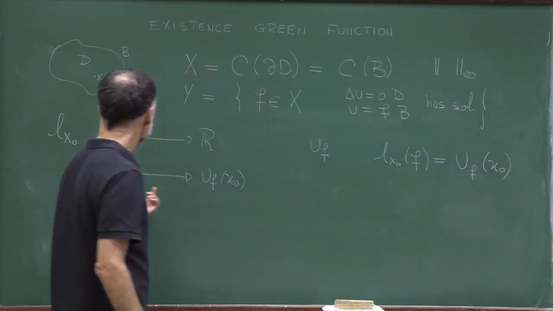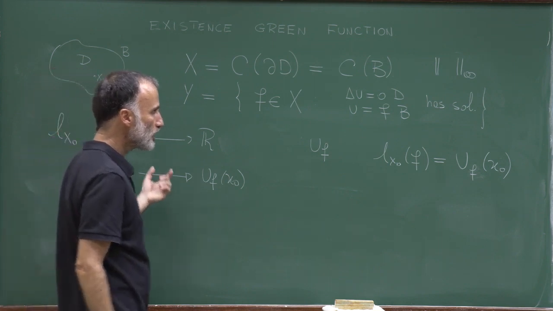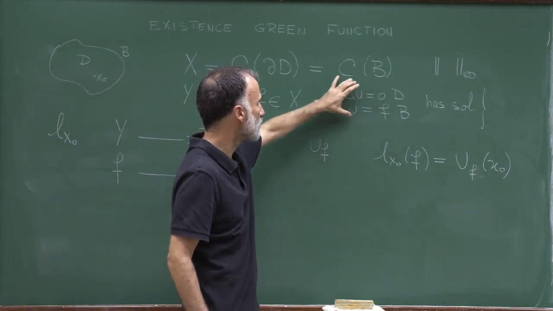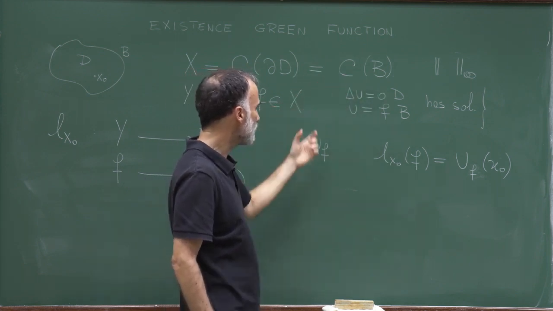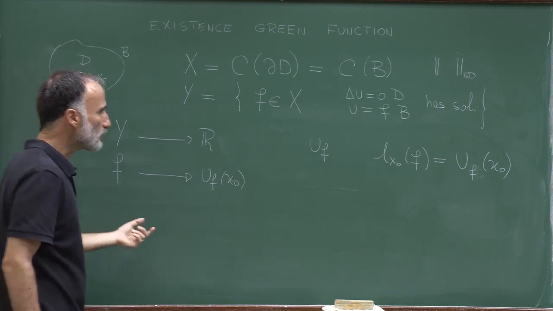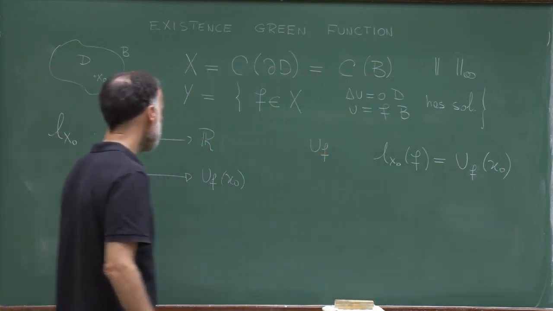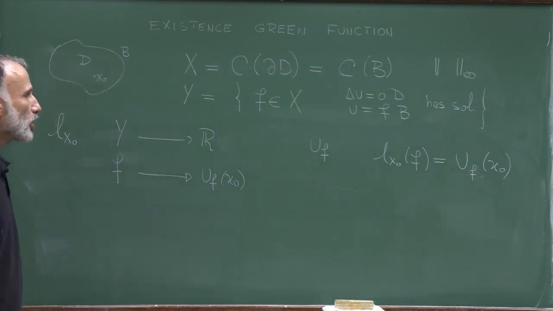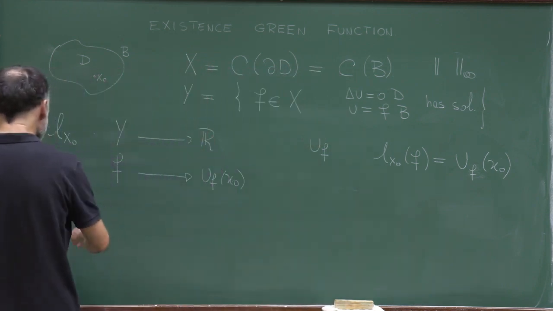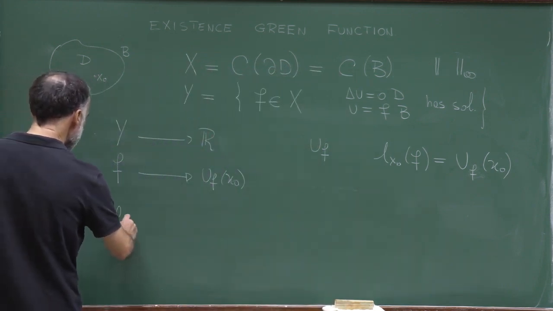So you fix a continuous function defined on the boundary. Since it belongs to Y, this means that this equation has a unique solution. It has a solution, and we know that this solution is unique. So L_{x0} gives me the value of this solution at x0. So this is the definition of this functional. I claim that L_{x0} is bounded and linear.